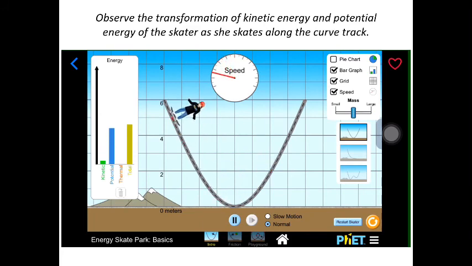When she is at the end of the track, left end or right end, her potential energy is maximum since her height from the ground is highest, which is 6 meters, while her kinetic energy becomes zero since her velocity at that point becomes zero.